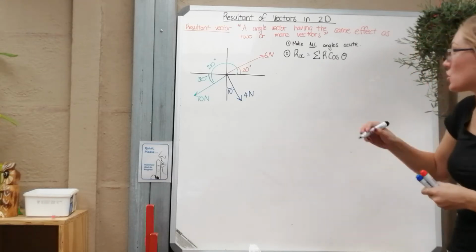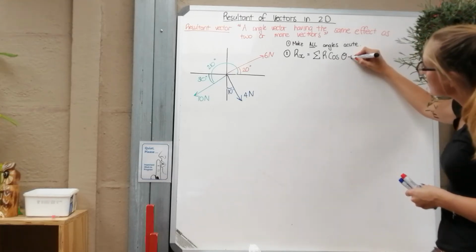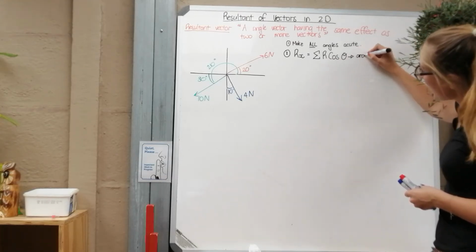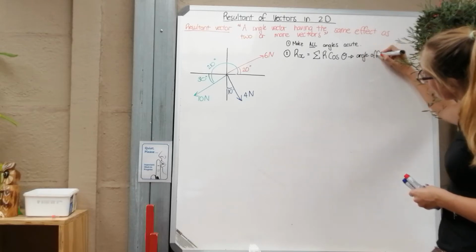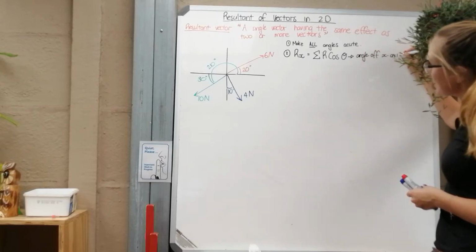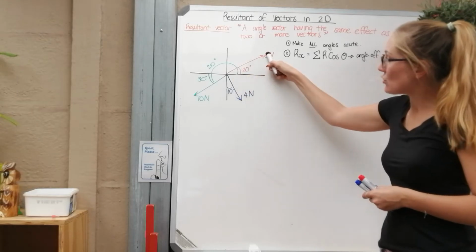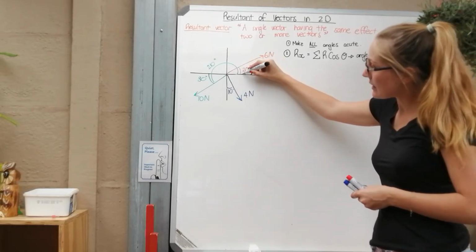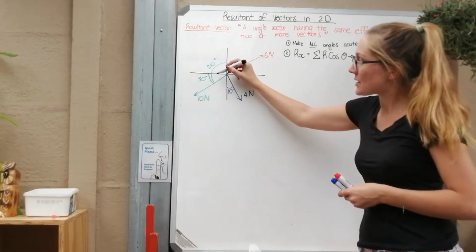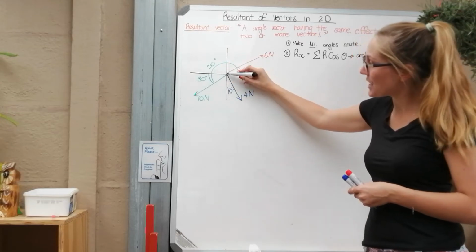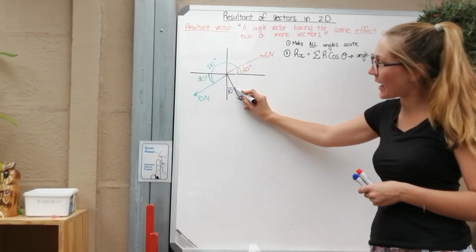But now it gets a little bit tricky. You use cos if the angle is off the x-axis, like it is with the 6 Newton force that's coming off the x-axis and the 10 Newton force that's coming off the x-axis. But with this 4 Newton one, it's coming off the y-axis.